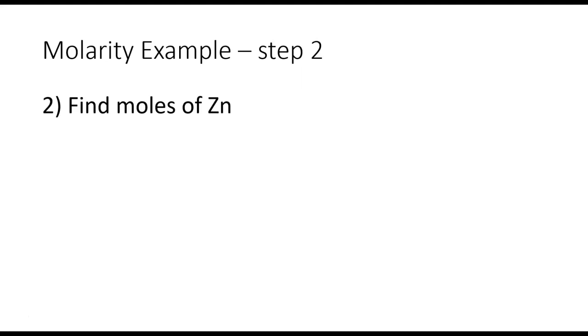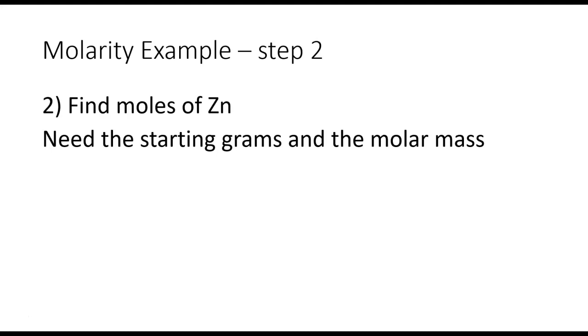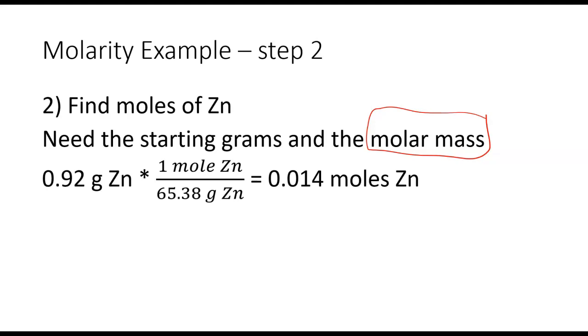So first we're going to find our moles of zinc. So we know the starting grams, and we can find the molar mass from the periodic table. The molar mass of zinc is 65.38 grams per mole. And remember, we can write it as 65.38 grams of zinc for every 1 mole of zinc, or in this case we can write it the opposite way, just 1 mole of zinc for every 65.38 grams of zinc, because this comes from this equivalency.